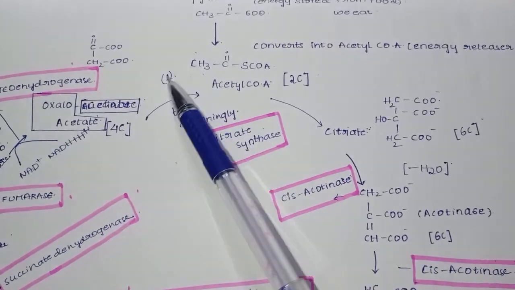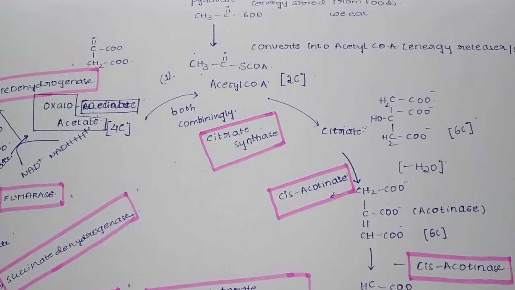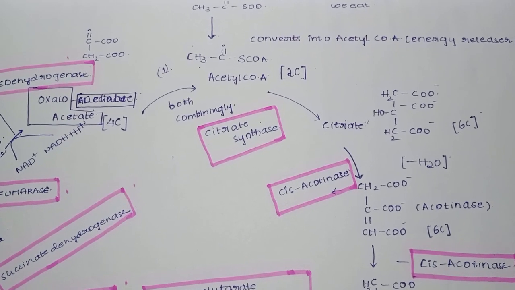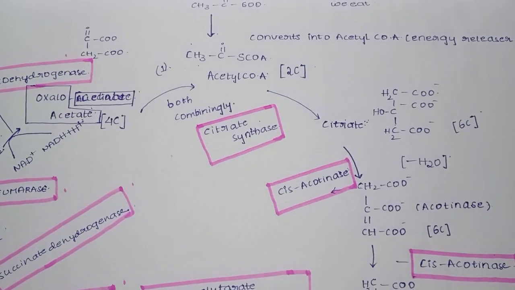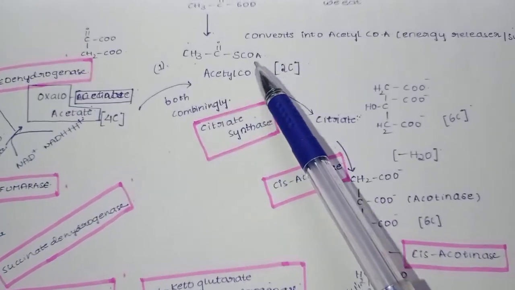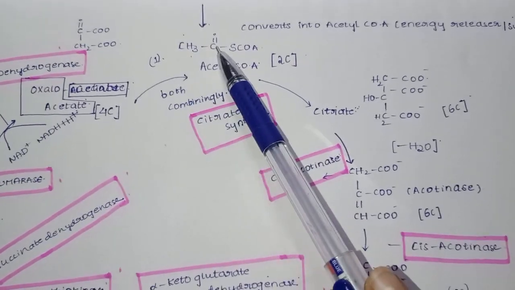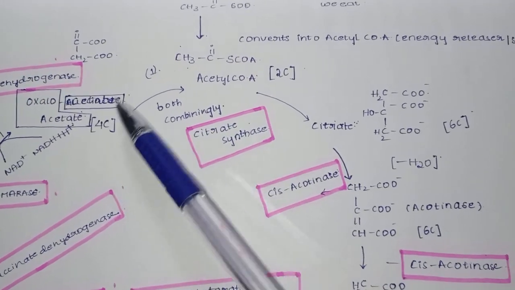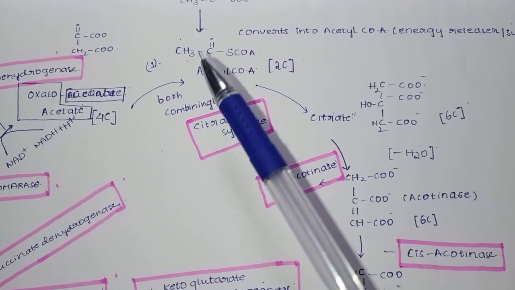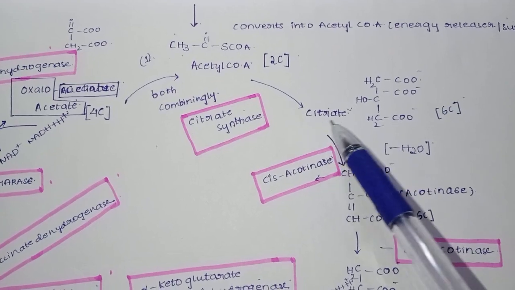And you should remember the acetyl CoA structure, because wherever you go you will notice that acetyl CoA is present. At that time you have to remember its structure. Remember, acetyl CoA means S-CoA, and acetyl is CH3-C(=O), okay. These both combine, using citrate synthetase, and convert into citrate.